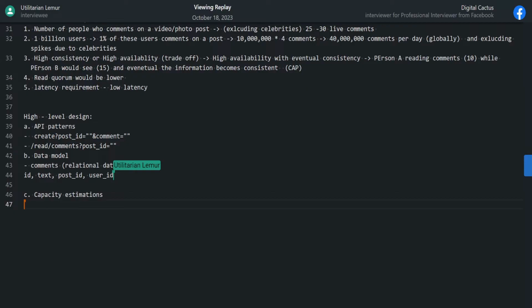And just to ensure that we have enough unique IDs being generated, you would have 64 bits, which means it takes 8 bytes of storage. Text, if you're allowing for 50 characters, would be 50 bytes. Same thing for post ID and user ID, which will be 8 bytes each.